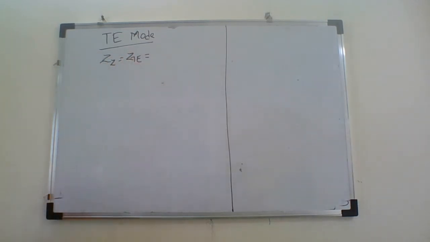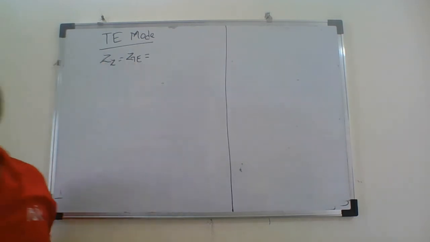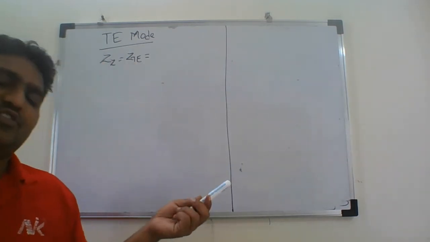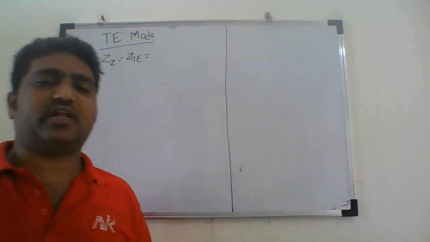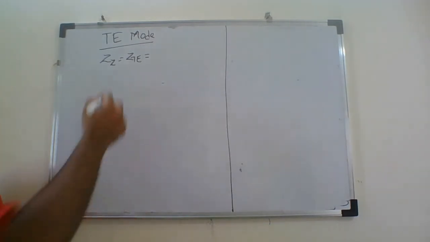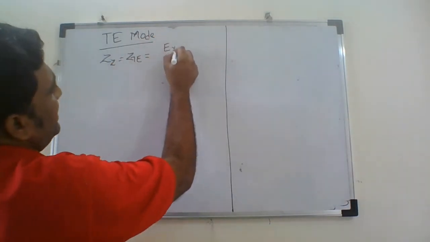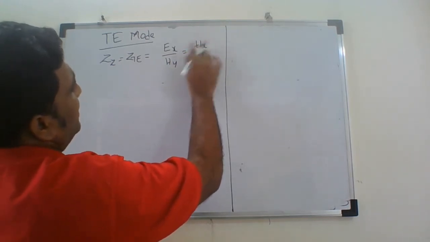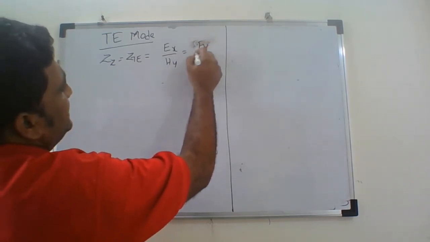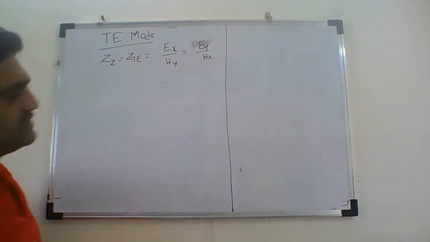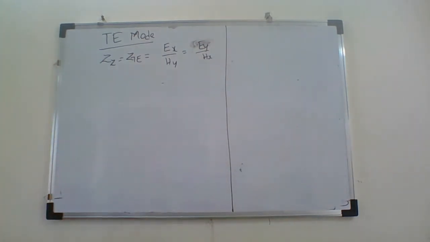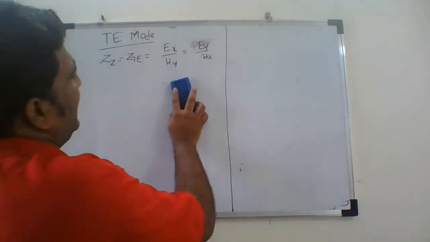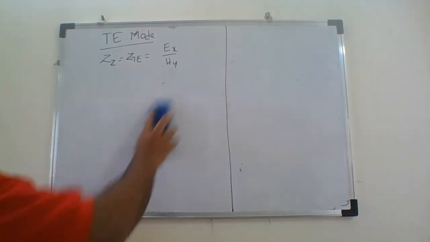is nothing but the ratio of the electric field in one transverse direction to the magnetic field in the other transverse direction. So here also we can write it as Ex by Hy, or we can also write it as Ey by Hx. We can take either way, whichever is convenient to us.